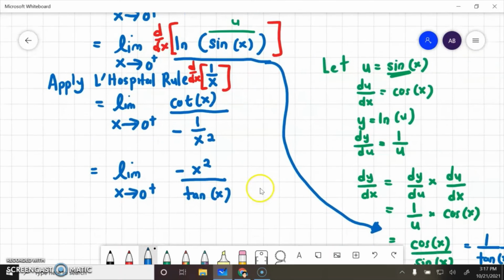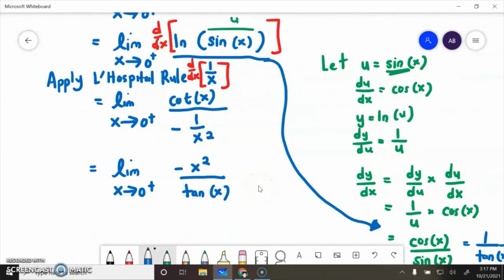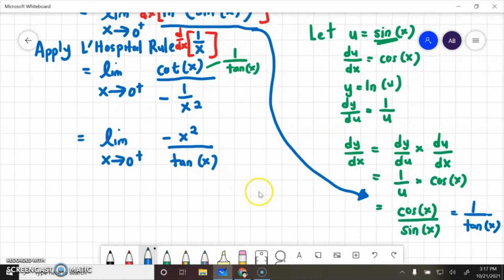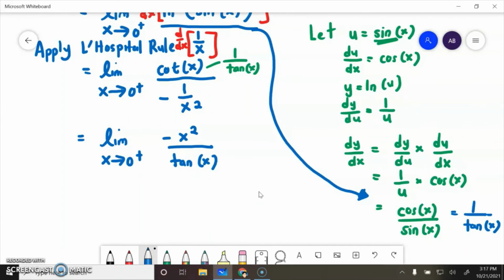Write the tangent on the denominator, and x squared on the numerator. I'm still getting indeterminate form when I substitute x, giving me 0 over 0.